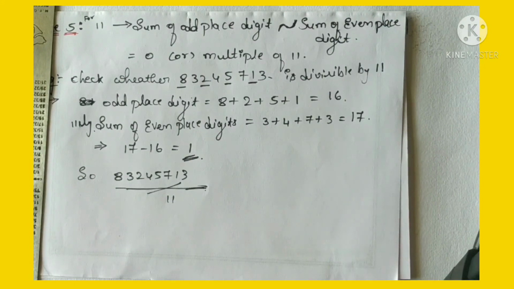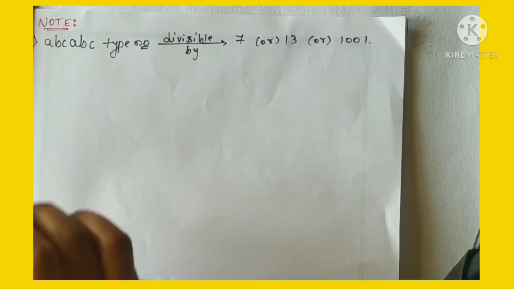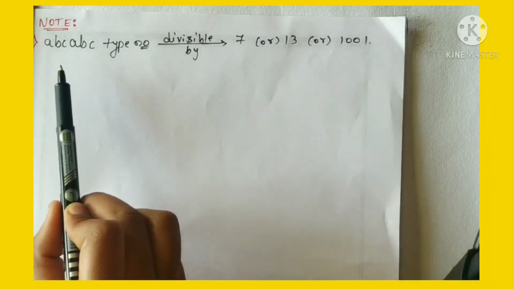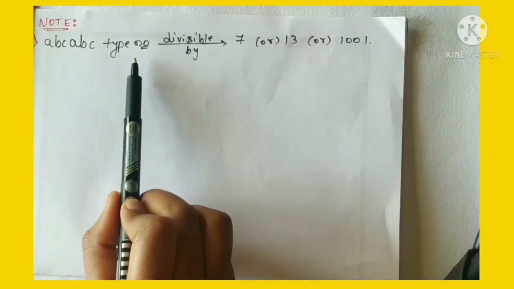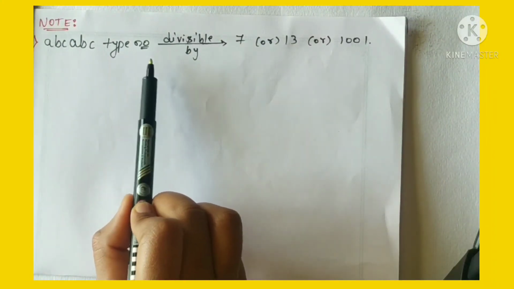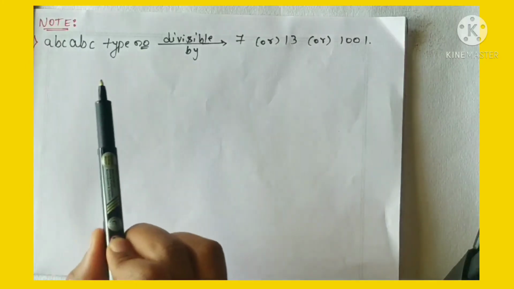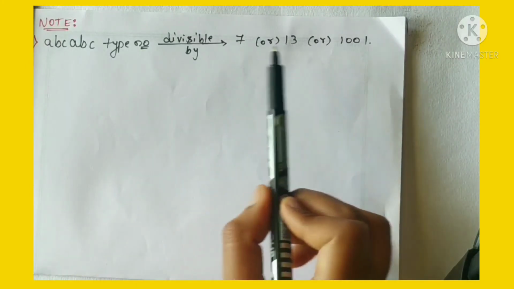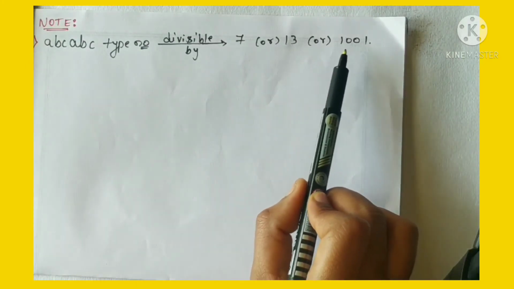This is all about the divisibility rule, and under this I will give some notes. Note number 1: if an ABC ABC type number is given, then this type of number is divisible by 7, 13 and 1001.